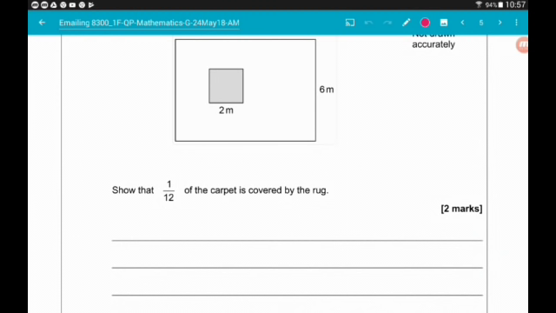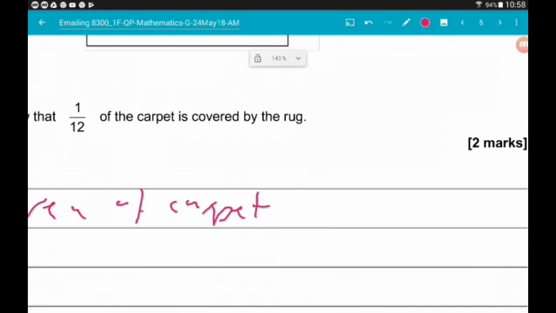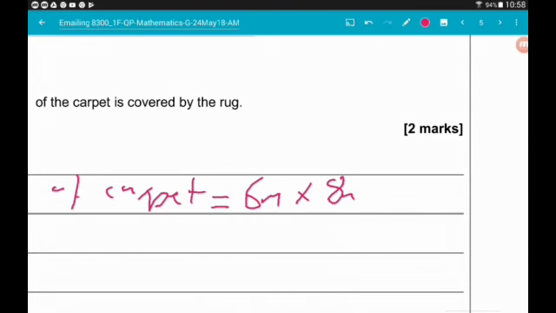the area of the carpet is 6 meters times 8 meters, which gives us 48 meters squared.